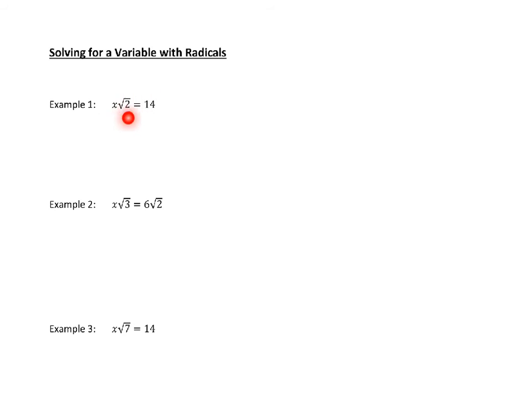Okay? So you have to think of, well, if this is multiplication, the opposite would be to divide both sides by that square root of 2. So when I work this out, those cancel out, and that's what we want. And you get x equals 14 over the square root of 2. Well, we know that can't be the right answer because you can't have a radical in the denominator.